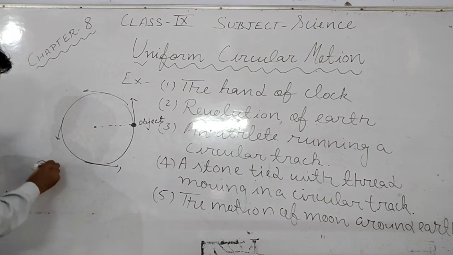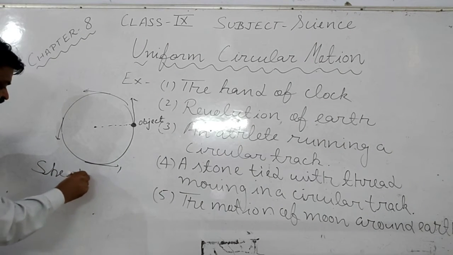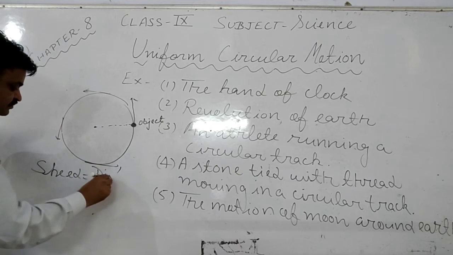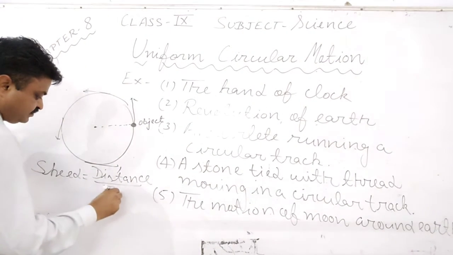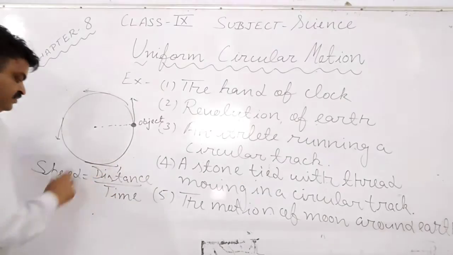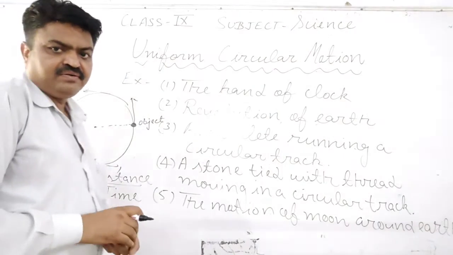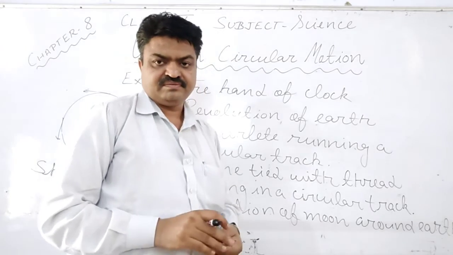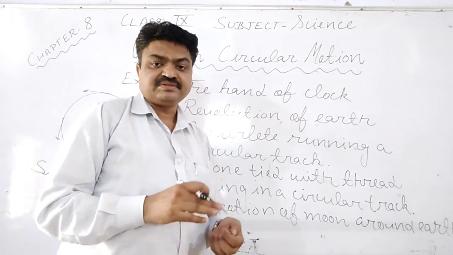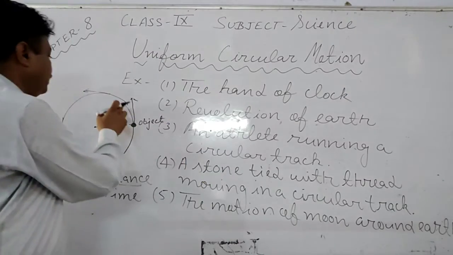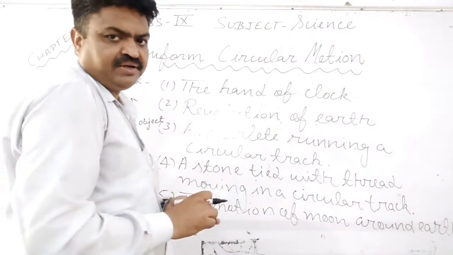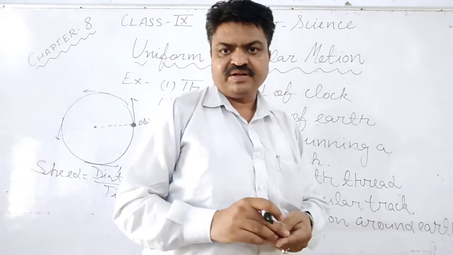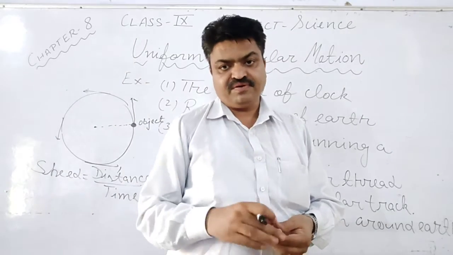And what is the formula of speed, students? It is distance upon time. In the case of uniform circular motion, the distance is the circumference of the circular path. According to mathematics, we get the circumference with one formula.